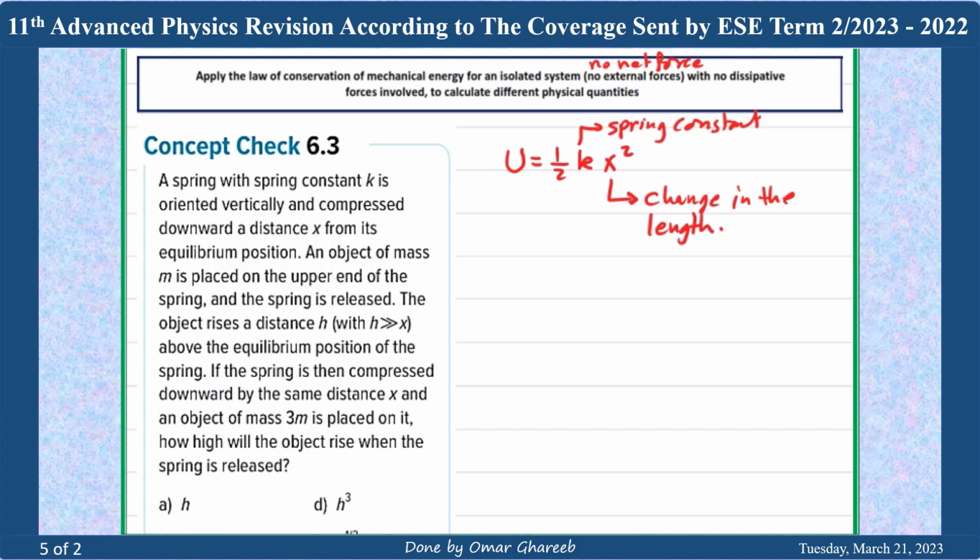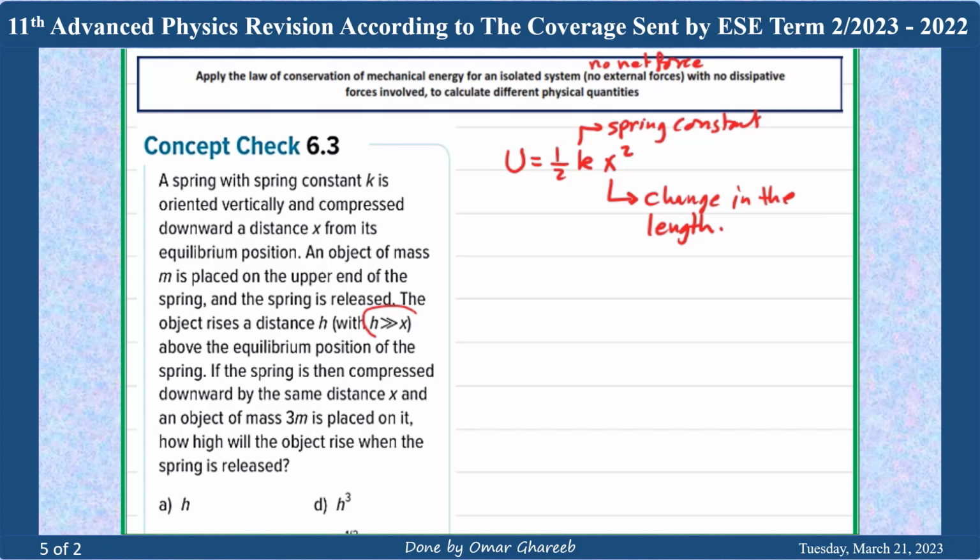Now, a spring with a spring constant K is oriented vertically and compressed down a distance of x from its equilibrium position. An object of mass m is placed on the upper end of the spring, and the spring is released. The object rises a distance h, with h much larger than x.